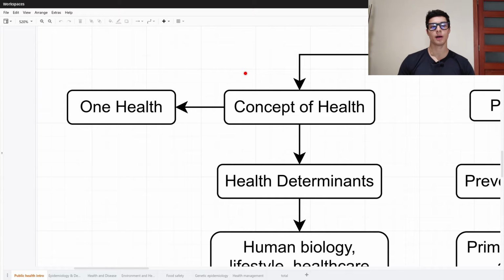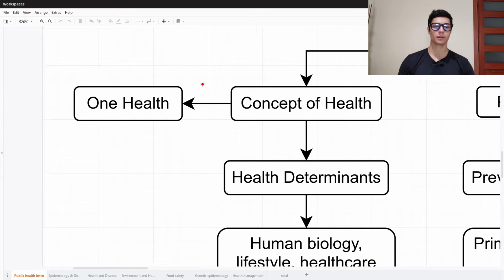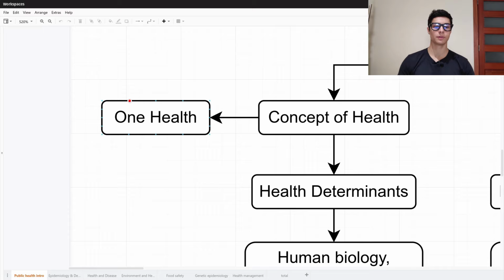It was a negative definition of health. Today we know that it is much more than the lack of disease, and we have the term One Health, which means that human health has to be in balance with animal health, and these two must be in balance with the environment. This is the concept of One Health.